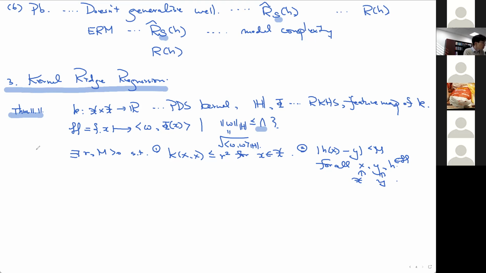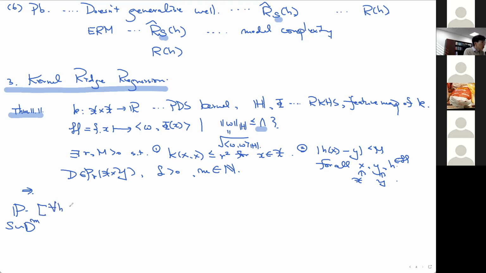If that is the case, then for any learning problem and any required precision, we have the following generalization bound, something that you have seen over and over again.